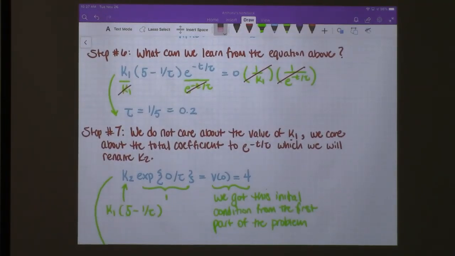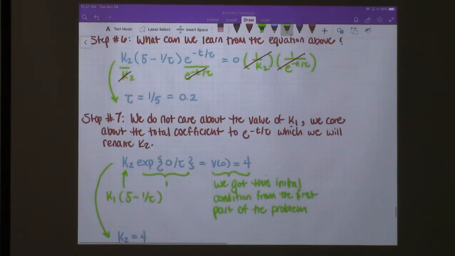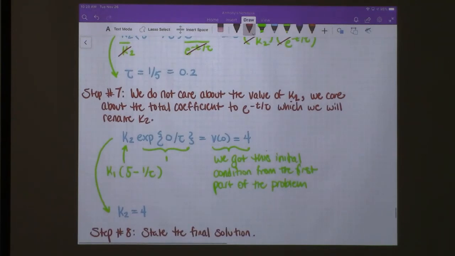Let me make sure to update all my values here. This is K2, this is K2, this is K2, K2, K2. All right. So we don't care about the value of K2. We care about the coefficient of e to the negative t over tau, which we are going to rename as K3.